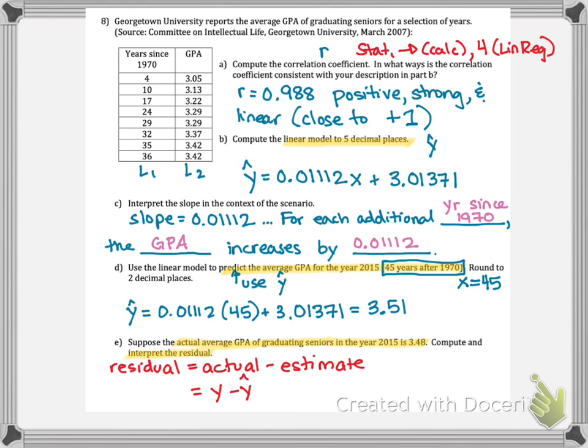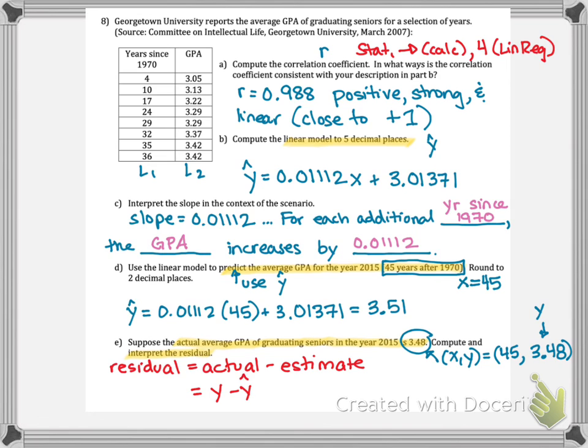Okay? So, what are we given? It says the actual GPA in 2015 is 3.48. So right now, they're literally telling us x comma y is 45 years and 3.48. Sorry, I said 15 years earlier, that was from class. So that is y.